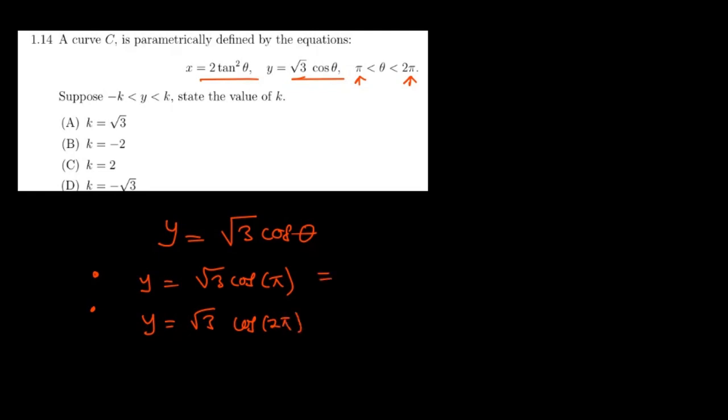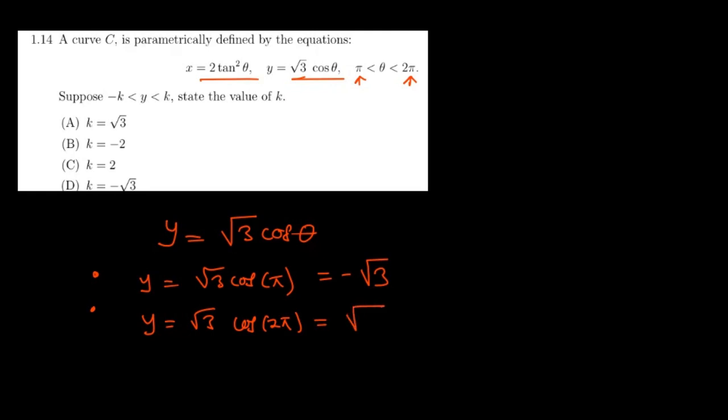So what is cos pi? Okay, so that's the same as cos 180. So that will be minus 1. So minus 1 multiplied by the root of 3, it's minus root of 3. Here it will be root of 3 multiplied by cos 2 pi. So cos 2 pi, it's 1.